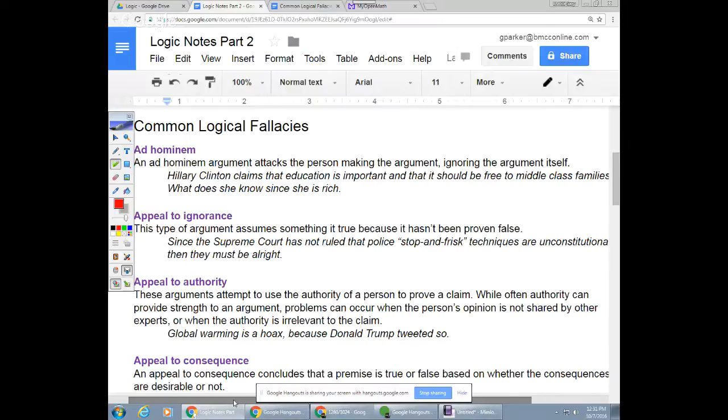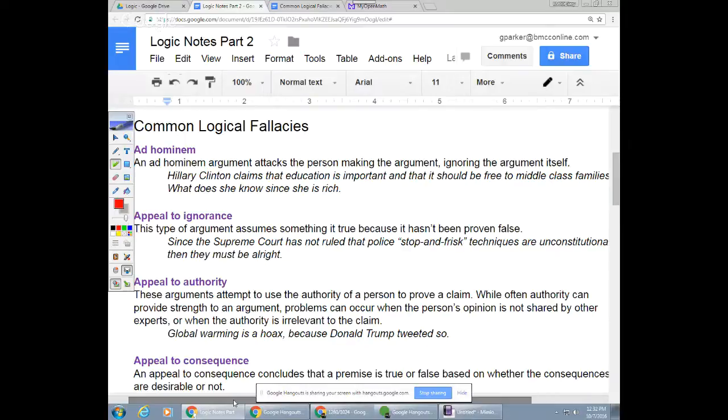Appeal to authority. A lot of times people say something's true because "I read it in the Bible" or "I saw it on the news." There's lots of claims that Donald Trump doesn't believe in global warming, and he's stated it's a hoax. So, "I don't believe in global warming. I think it's a hoax because Donald Trump tweeted it was so."